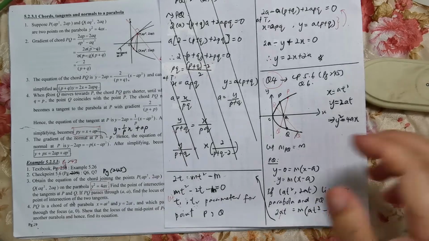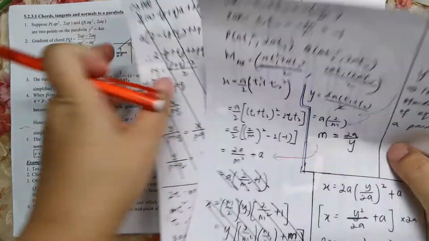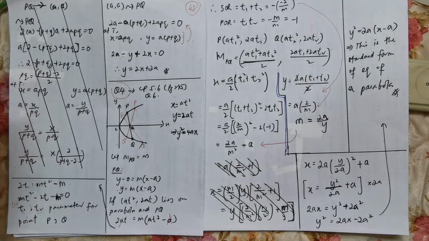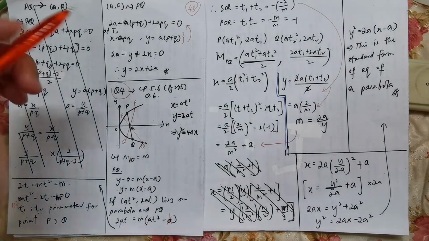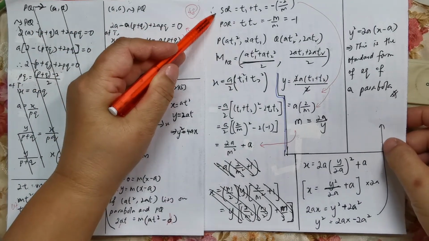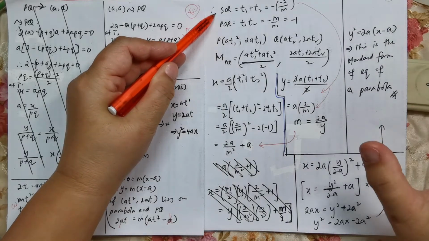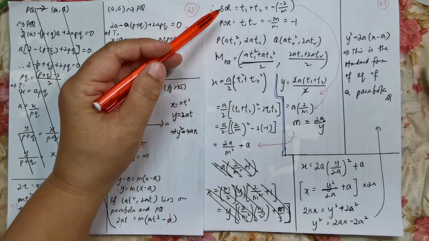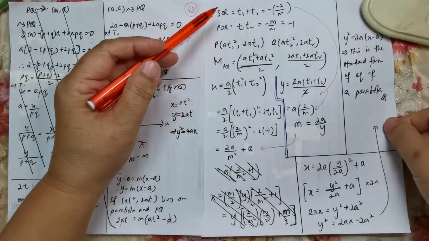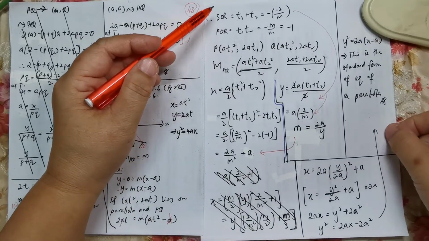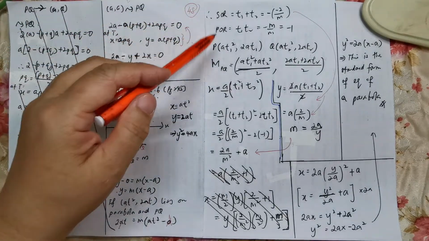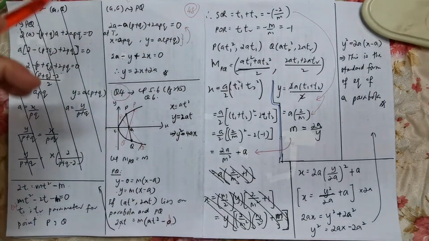For this question, we don't have to find t, but we want to use the sum of roots (SOR) and product of roots (POR).